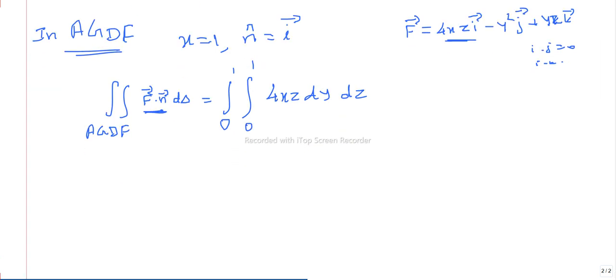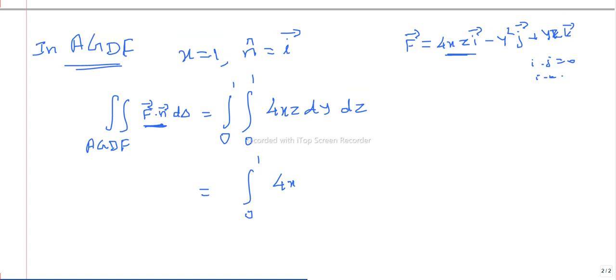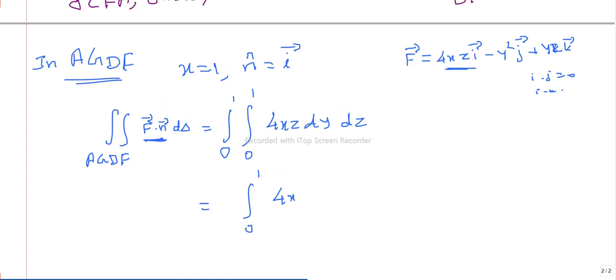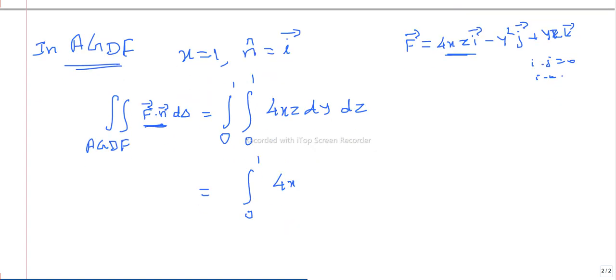Now we already know how to integrate this. This is the z range. Here 4x is constant. Here x is 1, so we have just 4z.